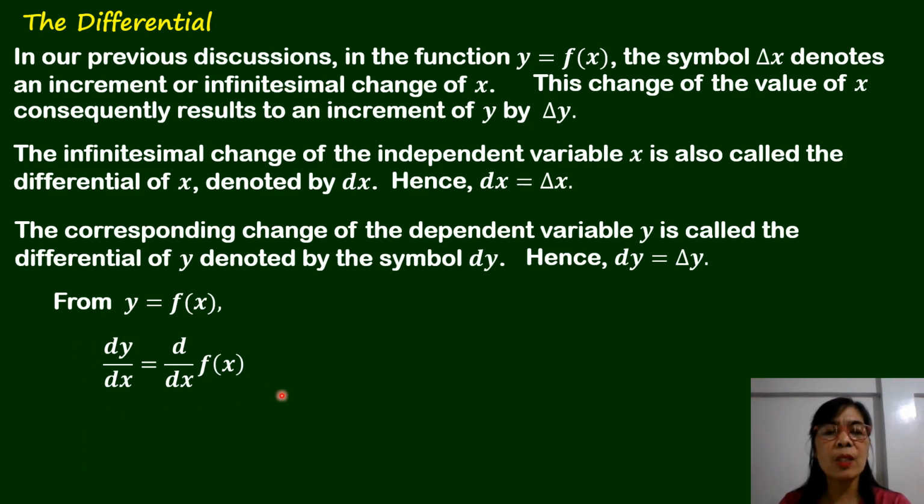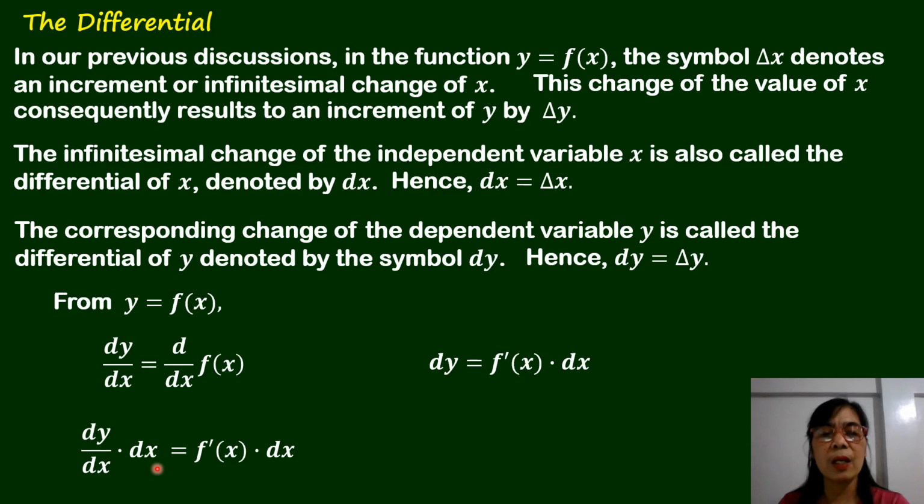Multiplying this equation by the differential of x, these two cancel out. So the differential of y is equal to f prime of x times dx, where f prime of x is the derivative of y with respect to x.